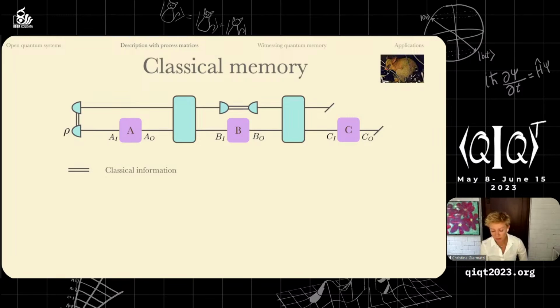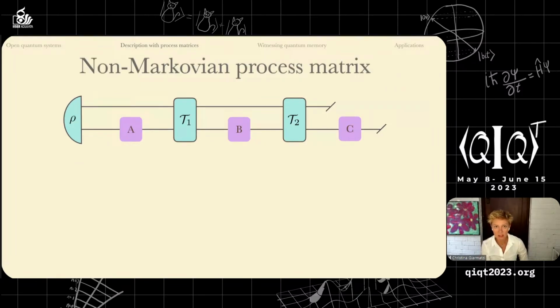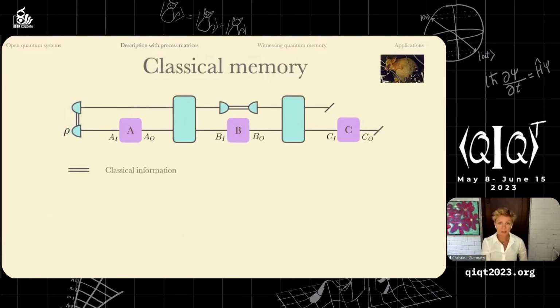So I said earlier, a non-Markovian process is one that has a memory that carries the correlations. I'll show you this memory, like a flow of information, goes from the initial state to T1, T2 through the environment. Here I go a little bit deeper and classify this memory, so the non-Markovian processes, into two types of memory: classical memory and quantum memory. Classical memory means that it needs a classical channel to travel from one place to the next. So this is classical information with a double line.